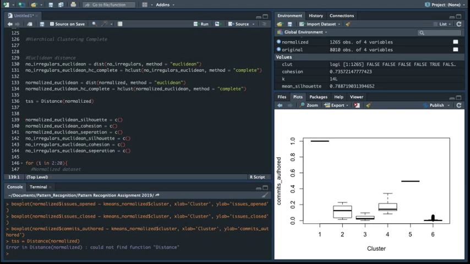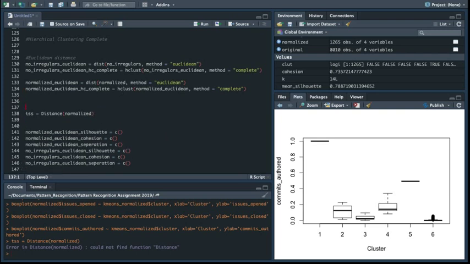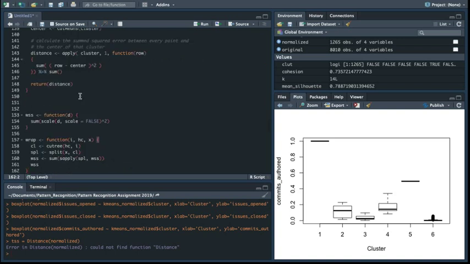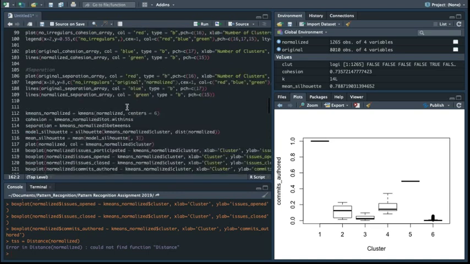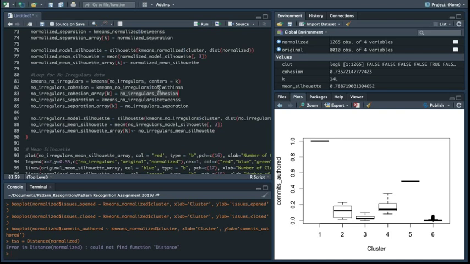Now, the difficult part of our code, which we spent maybe 3 hours trying to figure out, is why the hierarchical clustering functions didn't include a method for cohesion, separation and silhouette, as they did very easily with k-means, like the total distance within the cluster for cohesion.